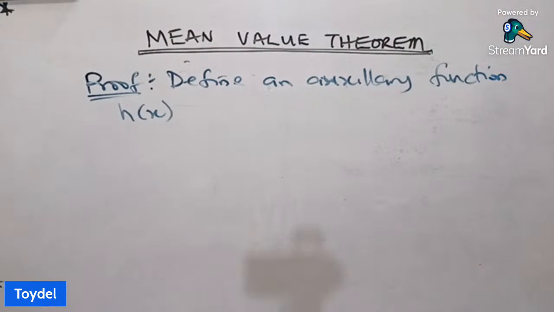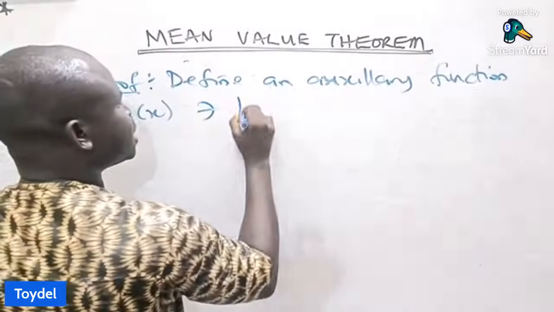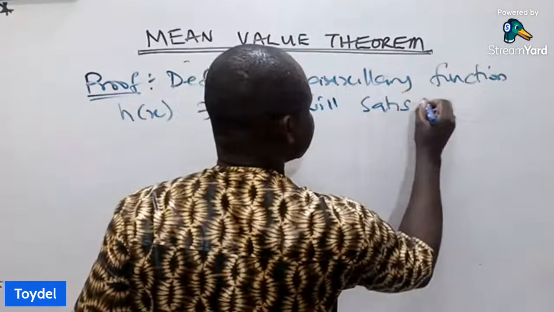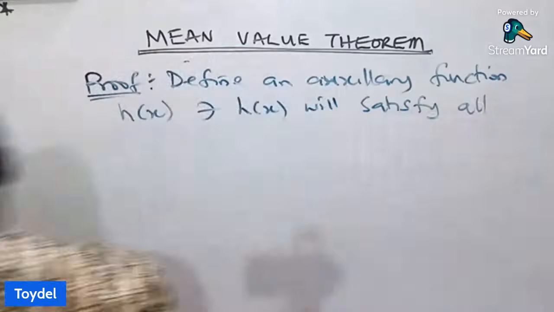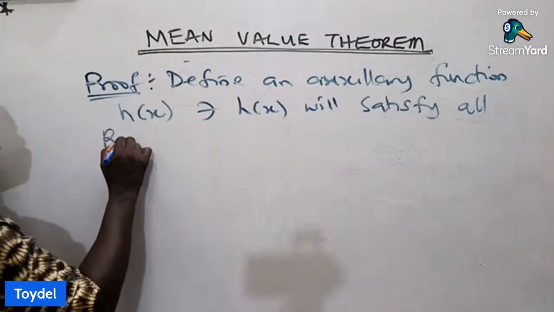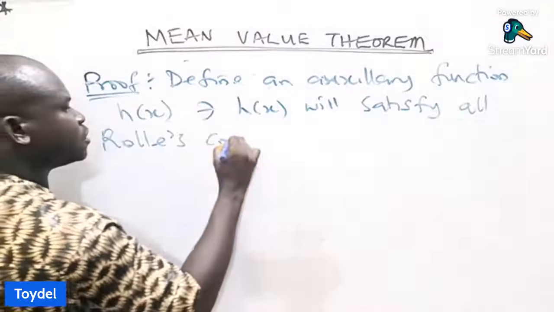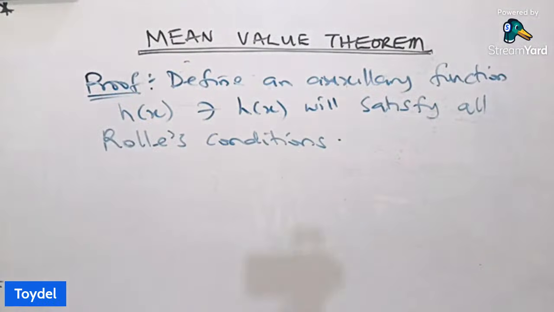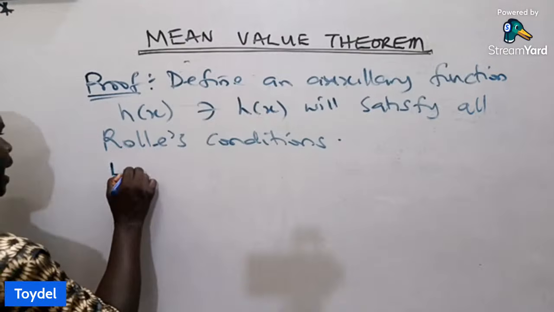We define an auxiliary function h of x such that h of x will satisfy all Rolle's conditions.